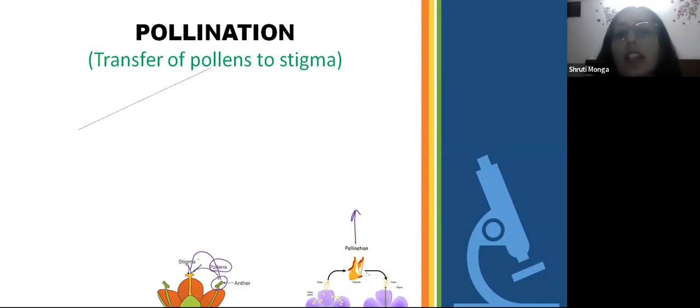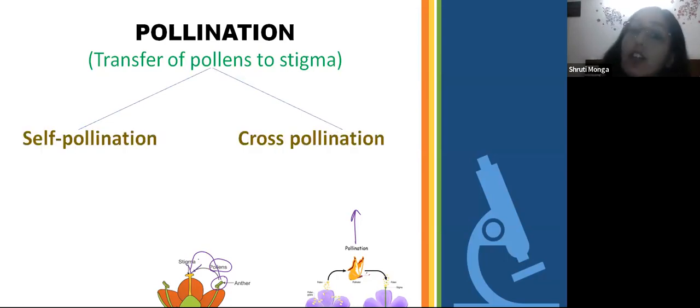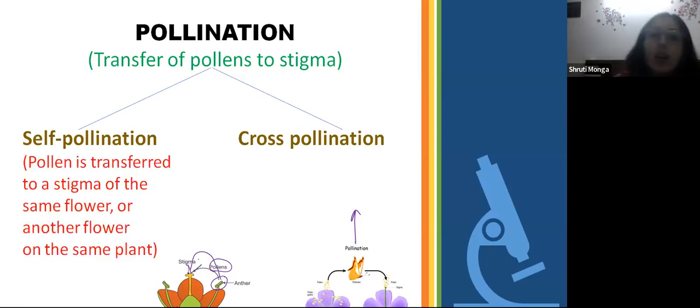Now, the pollination can be of two types. What is it? Self-pollination, cross-pollination. Self-pollination means, see, when the pollen grain is transferred to the stigma of the same flower. This red flower is one flower only. If I ask you, is this picture showing self-pollination or cross-pollination?